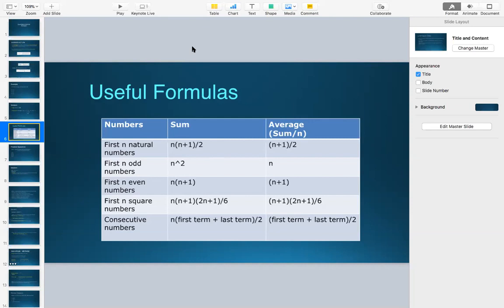But in mathematics, consecutive numbers simply means that the difference between any two consecutive terms is the same. In your class 10th mathematics, you must have read arithmetic progression, chapter number 5, right?